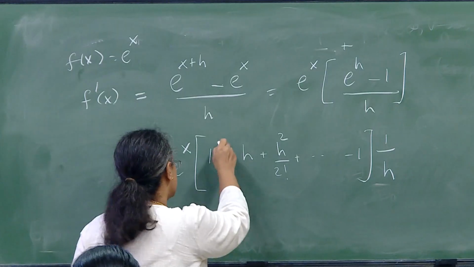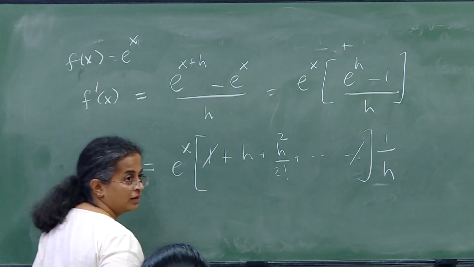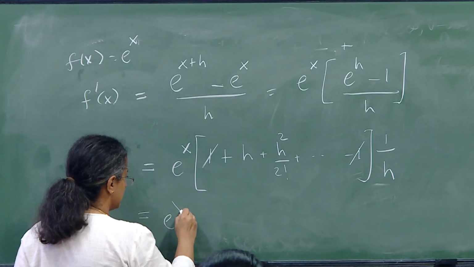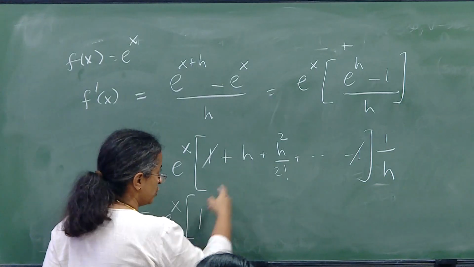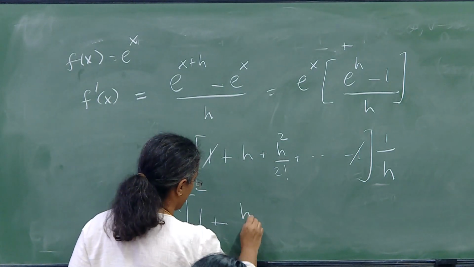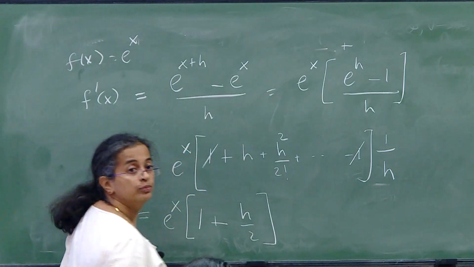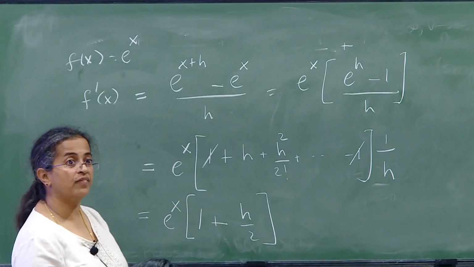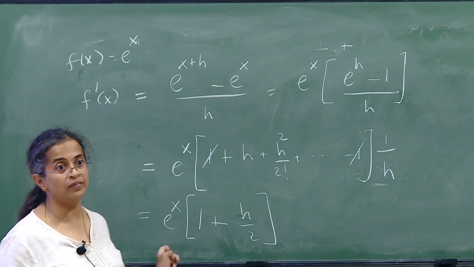These two terms cancel. So I can write this as e to the x into 1 because h and h cancels plus h by 2. So if I can take h to 0, I will get my right answer.